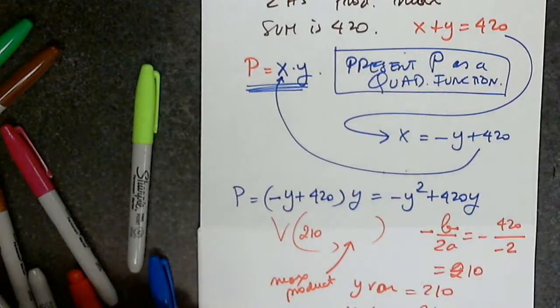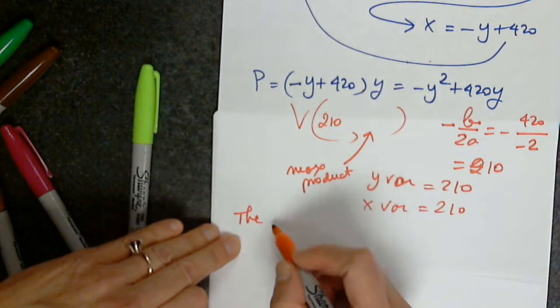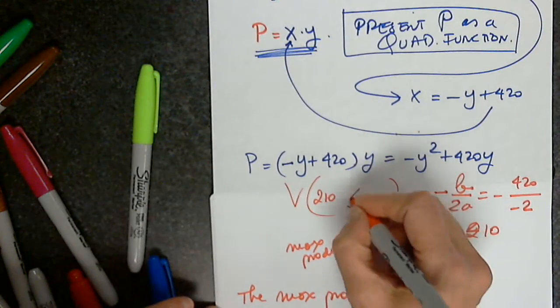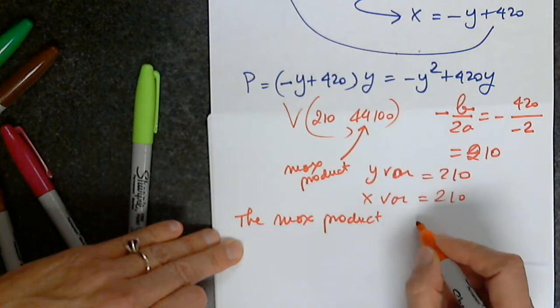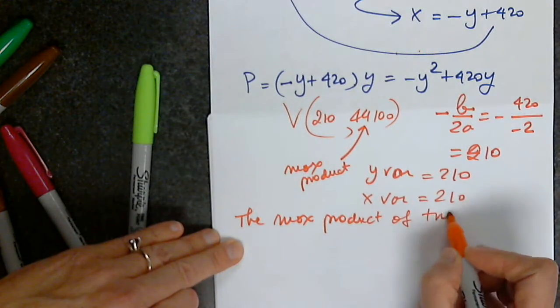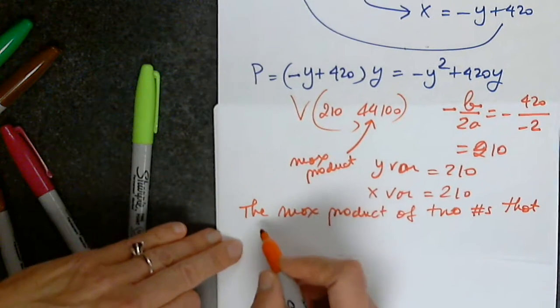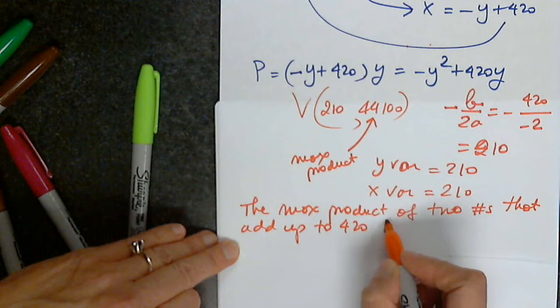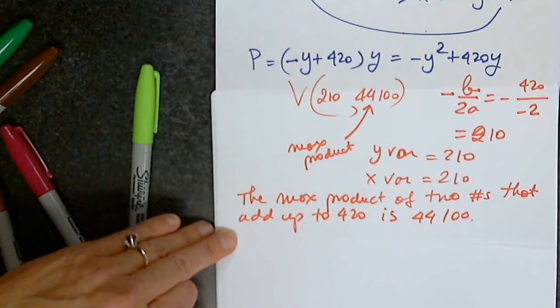Oh, I would like to write the final conclusion. So, the maximum product, oh, I didn't even put it in, 44,100. The maximum product of two numbers that add up to 420 is 44,100.